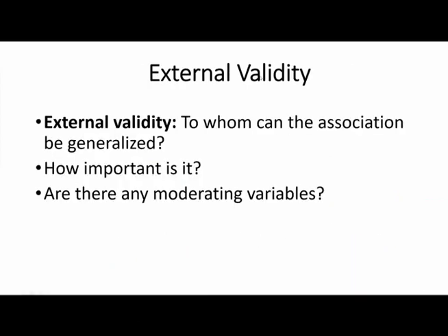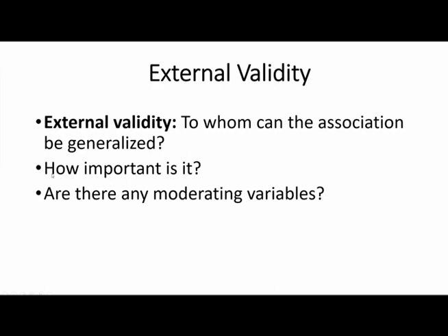And so now we can move on to external validity. As we've already talked about external validity at quite some length, we're looking at who can we generalize this association to? What other populations or other situations can we apply what we've learned to?